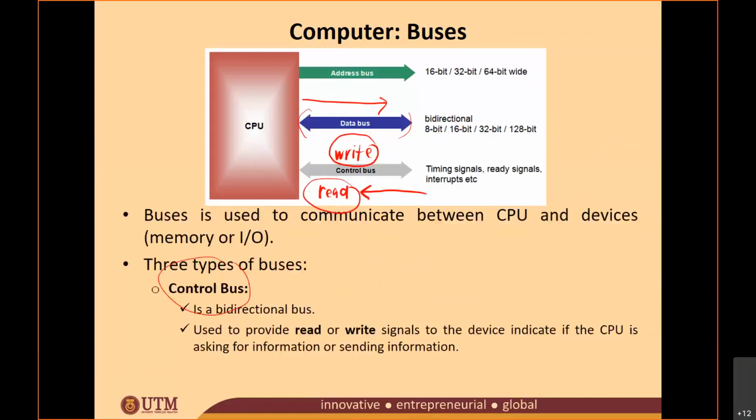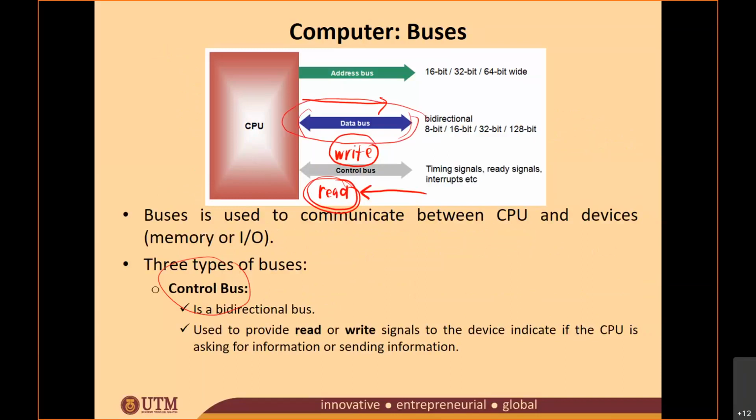Maksudnya, kalau CPU terima read signal from the control bus, so the CPU knows that kita nak baca data, nak ambil data daripada input output ataupun memory masuk ke dalam CPU. Macam mana kita nak masukkan that data?